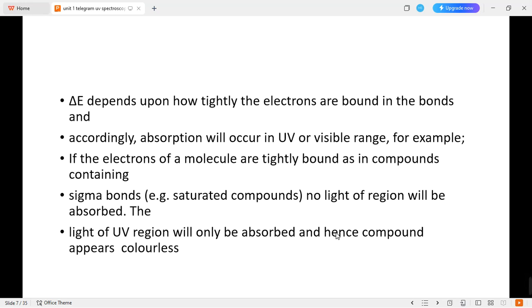So this absorption and transitions will be mainly based upon how tightly the electrons are bonded in the outermost layer of the molecule. If the electrons of a molecule are tightly bound, as in compounds containing sigma bonds, it comes under the saturated compounds.